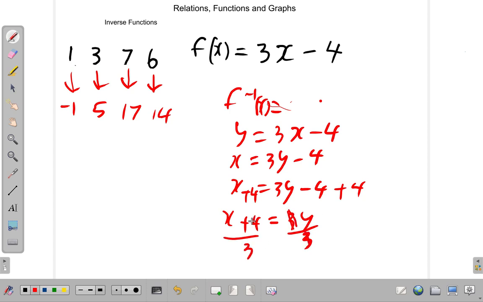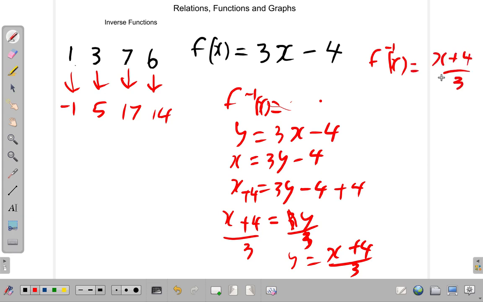So you have y equals x plus 4 over 3. Then you write y as f inverse of x. And you get f inverse of x equals x plus 4 divided by 3. Now, that's the inverse function.